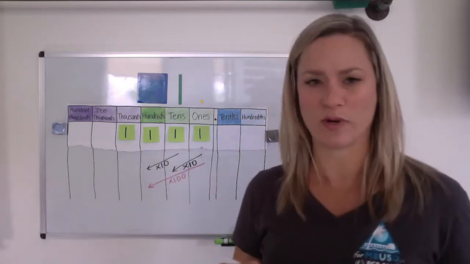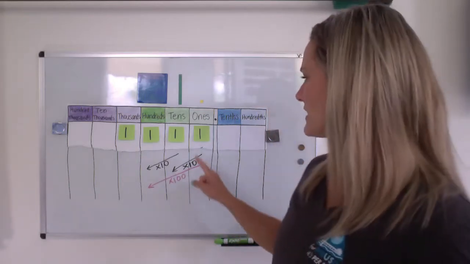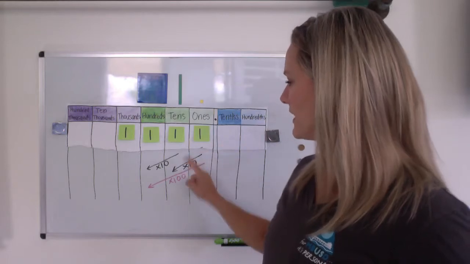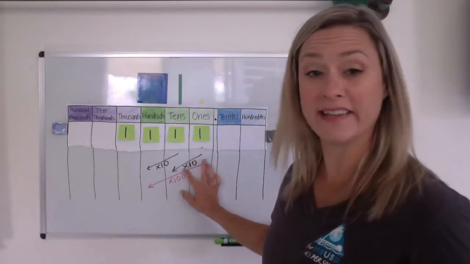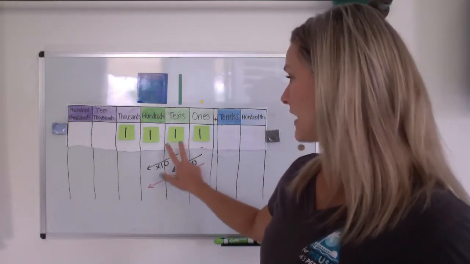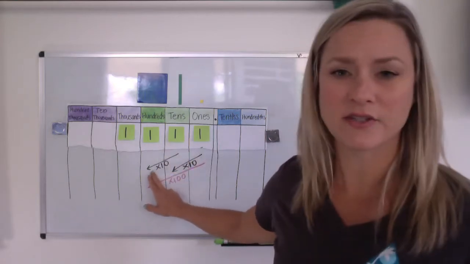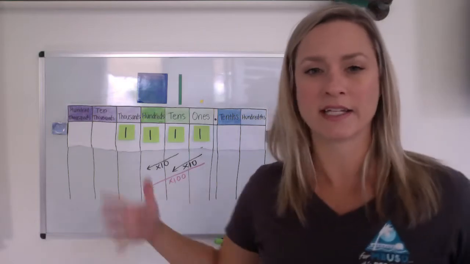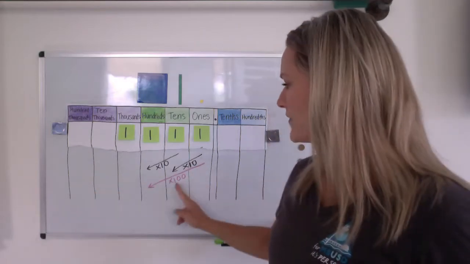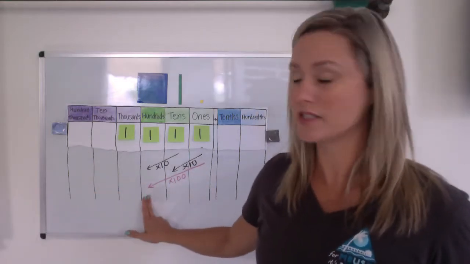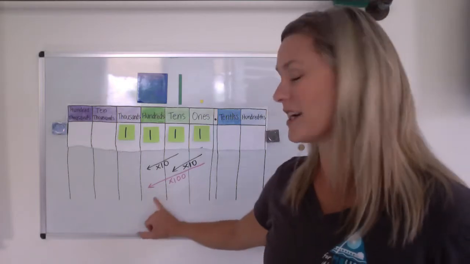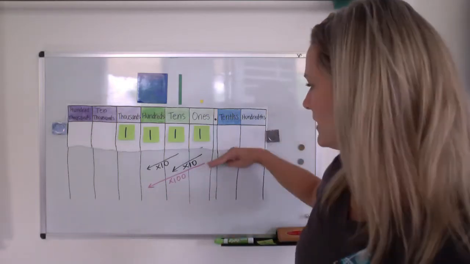So I'm going to write times 100. When we moved 1 place value to the left, we had to have 10 things. And that was true here too. We moved 1 place value from the tens to the hundreds, and we wrote times 10. And this time we moved 2 place values to the left, and it was times 100. And that pattern would keep going.